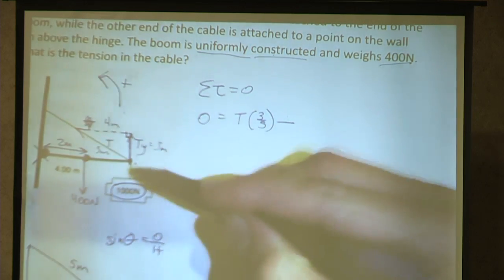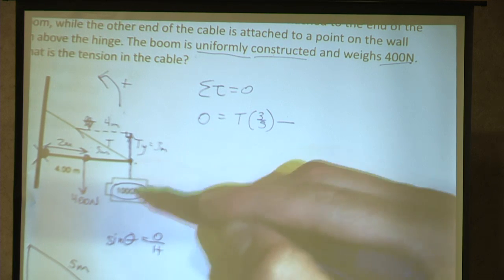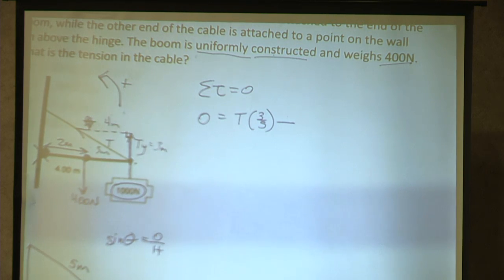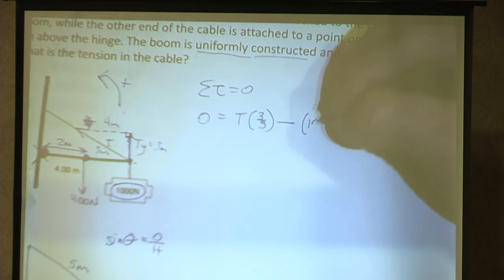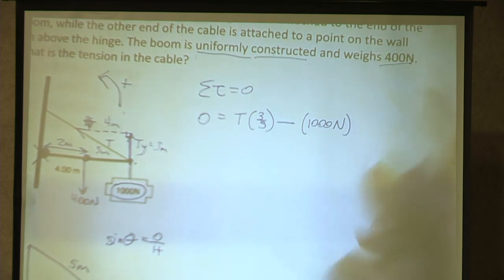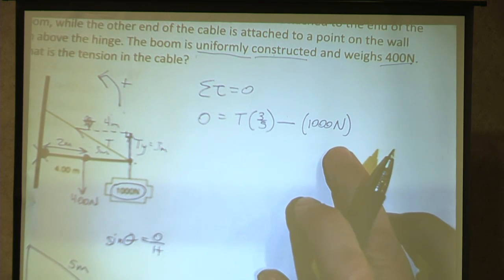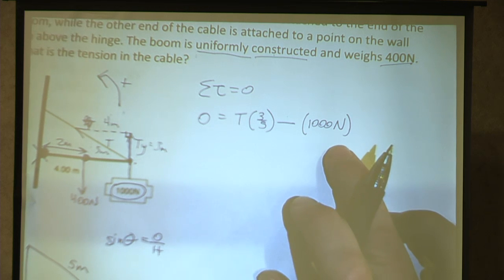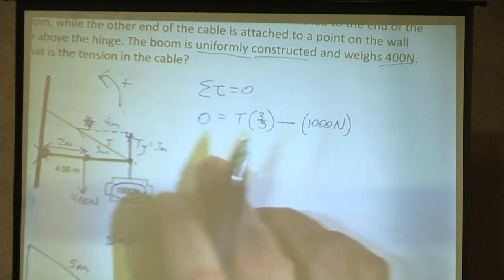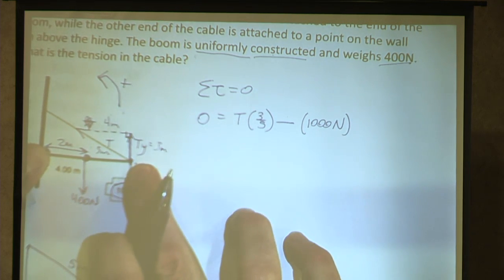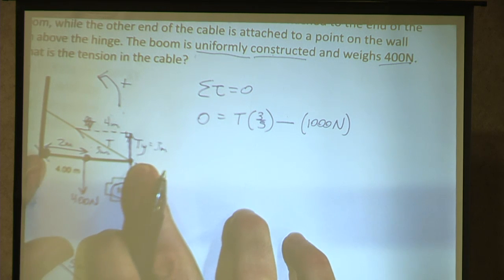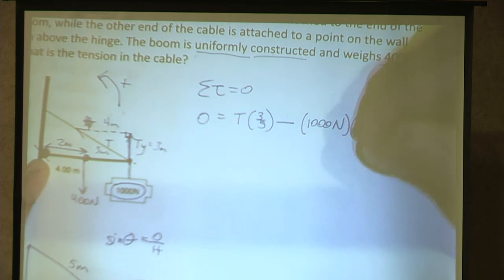Okay? So let's start with the force of this sign. We know that the sign weighs 1,000 newtons. They could have also given us the mass and just multiplied by g, same thing. And this occurs at a distance of 4 meters from the hinge point. So that right there is going to be 4 meters.